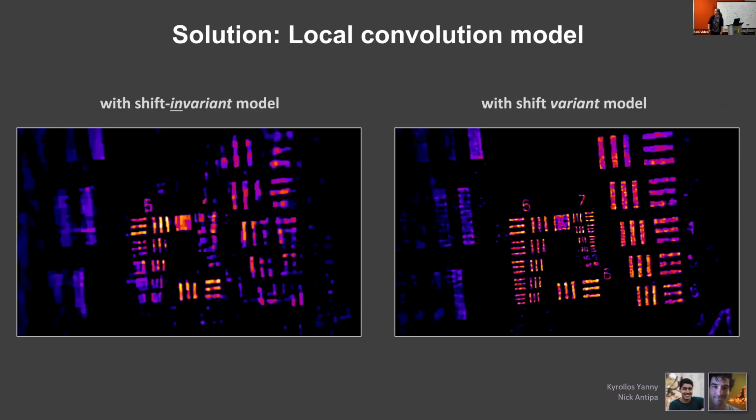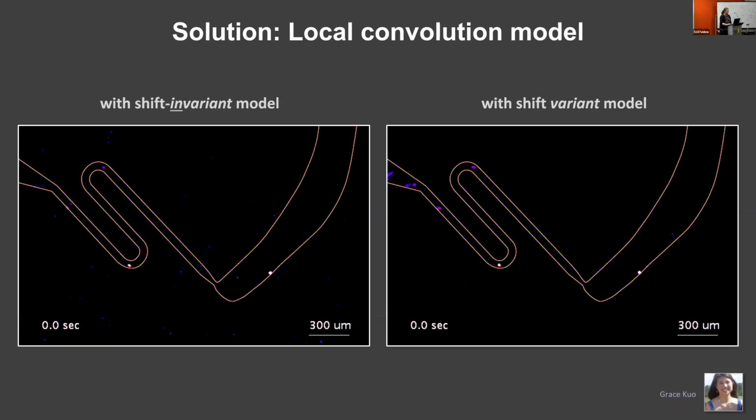If you just pretend it was shift invariant and use the center point spread function, it looks terrible. But if you locally measure the point spread function in a 3x3 grid, then you can largely fix it. This worked well for these kinds of things. But you also need to be working in a place where you can accurately measure these different positions.